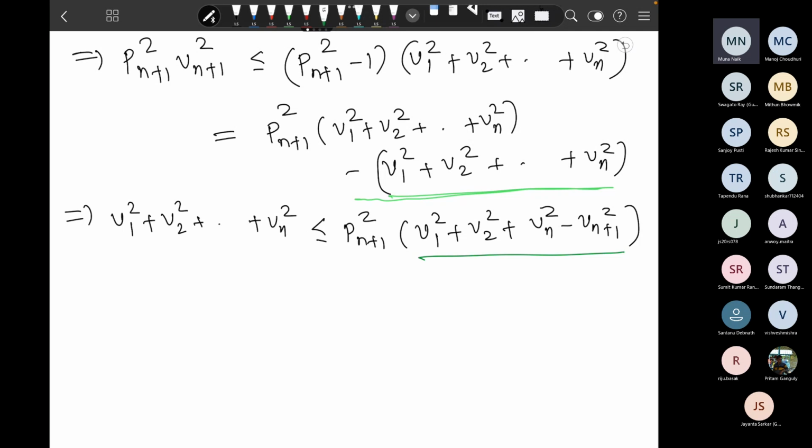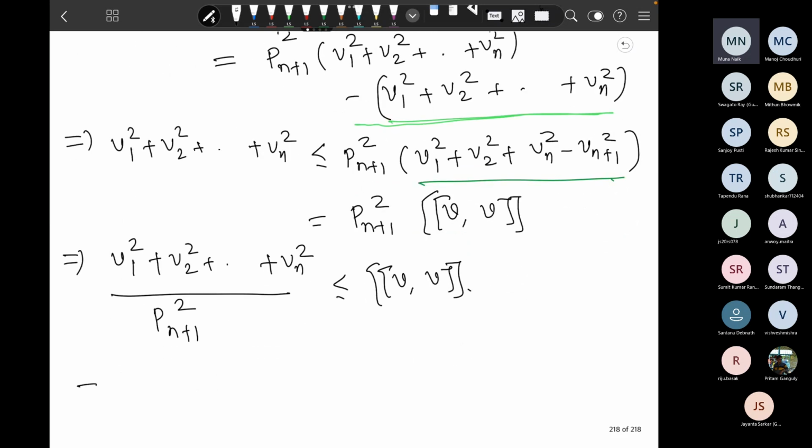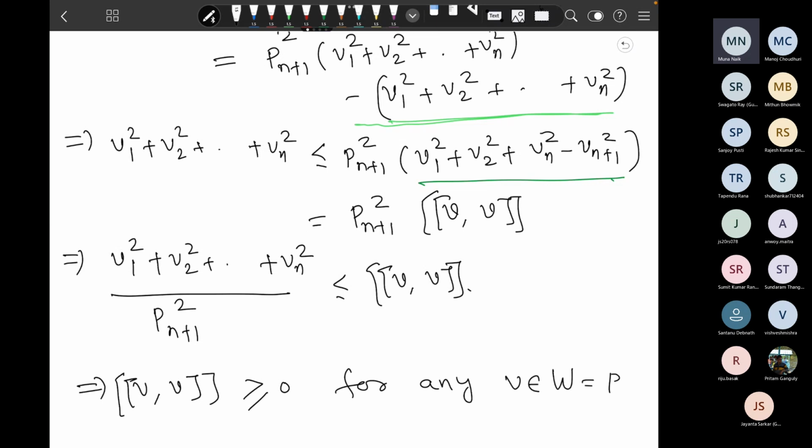This expression is nothing but the bilinear form B of V, V. I can divide by Pn plus 1 square because it is non-zero. So this implies B(V,V) is greater than or equal to 0 for any V belonging to W, which is nothing but P perp.